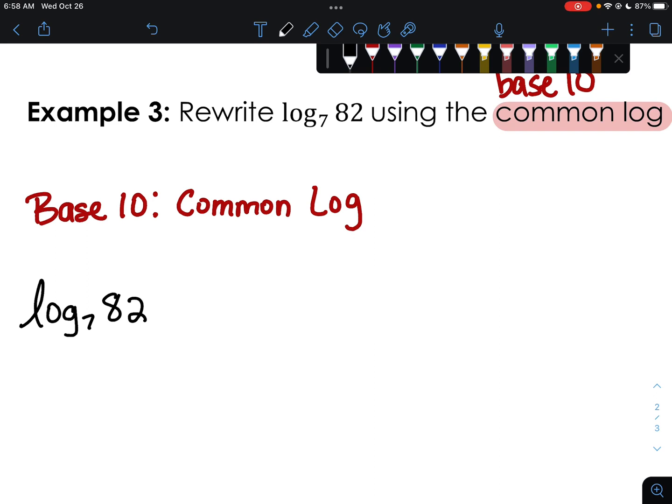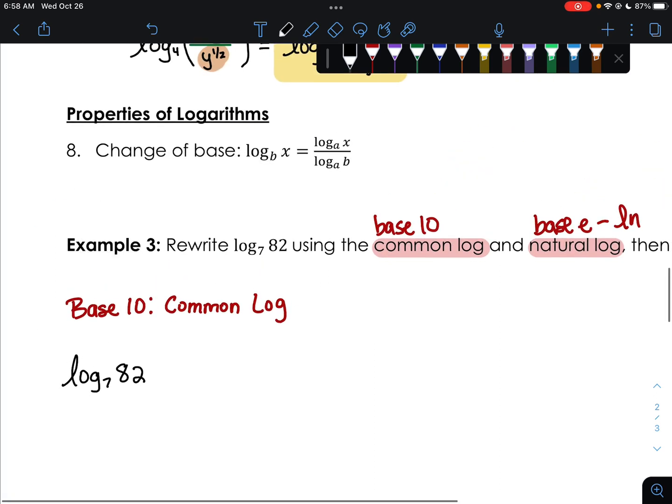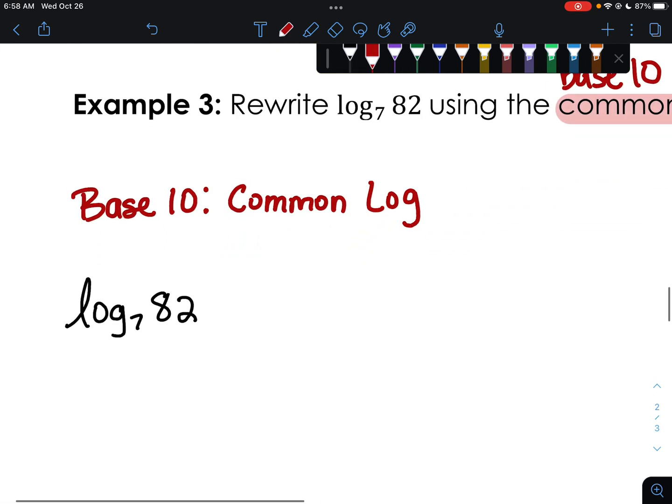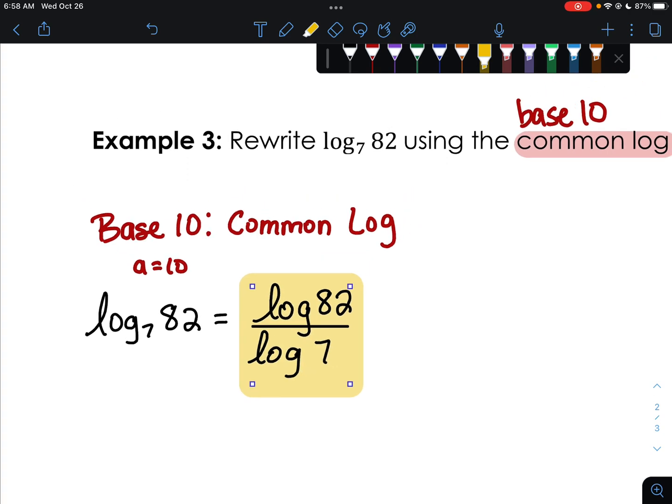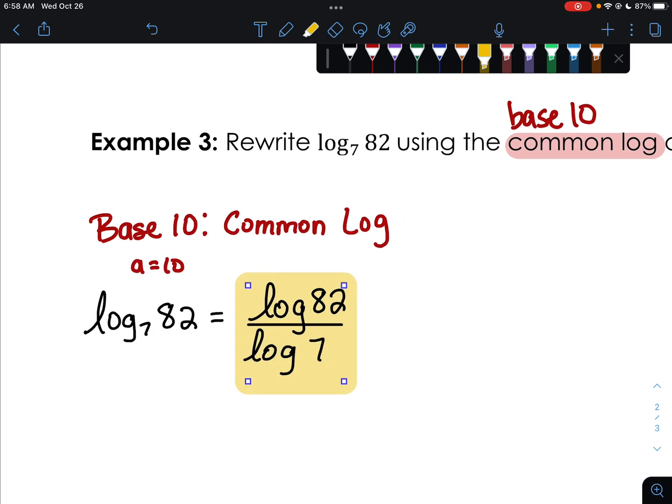When we do this, our a in the formula above is going to be 10 because it's a base 10. So we have log of our number, which is 82, over log of our base, which is 7. And that's it. That's all you have to do for change of base. And again, a log with no base is a base 10.